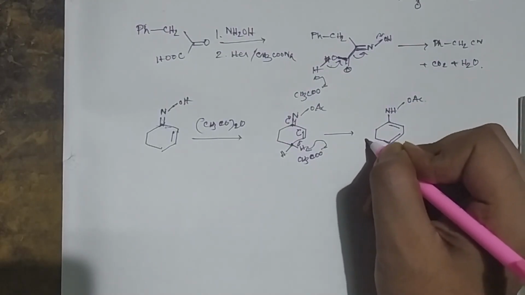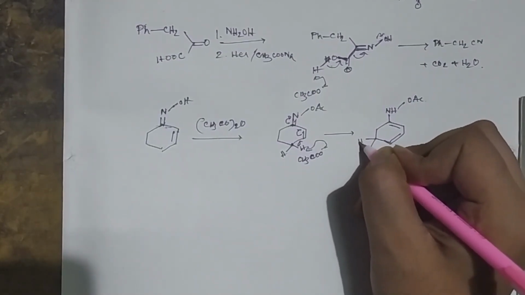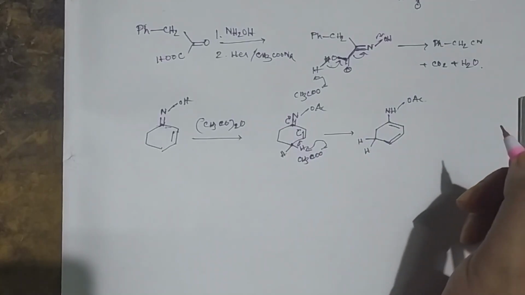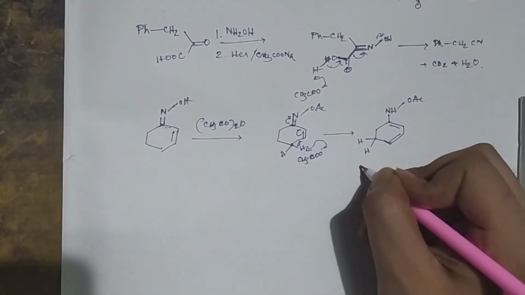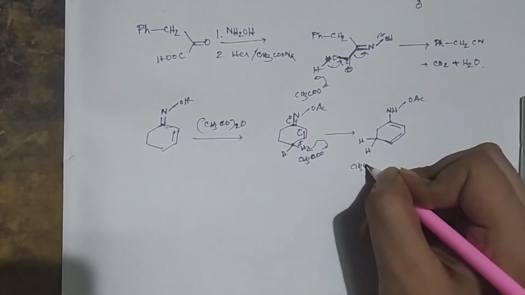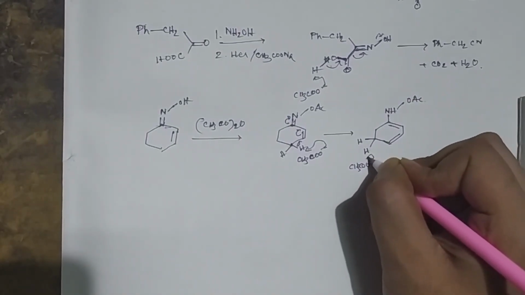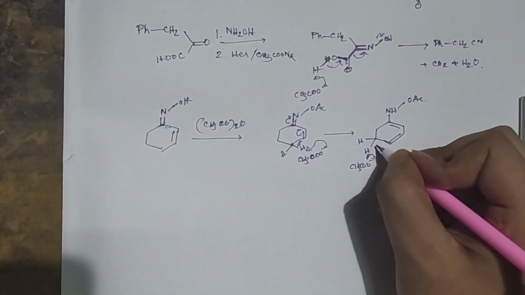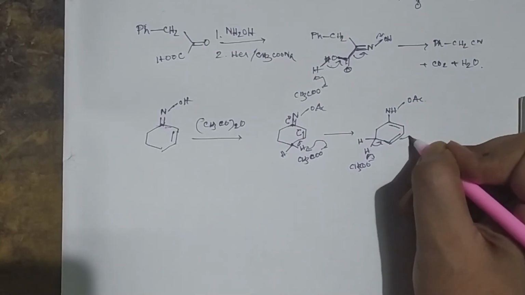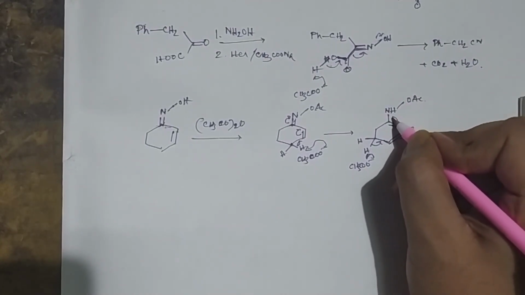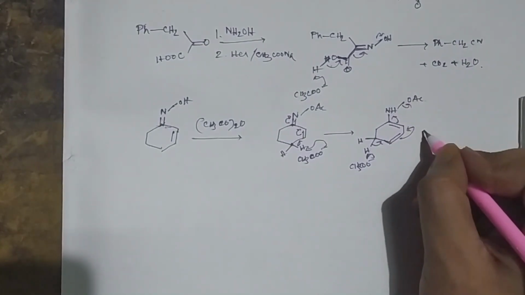After that, if this proton is abstracted by the acetate ion in the reaction medium, that carbanion will also be in conjugation, which is stabilized. Then that proton is captured again, and we get the bond flow like this. So we get this as another intermediate.